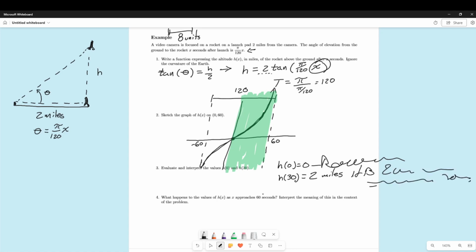But what about this asymptote? What's happening with this asymptote? Well, again, remember our variable, our x is time, but it's creating this angle. So if you were this camera person, at first this angle's going to increase pretty fast, but as this rocket gets higher and higher, notice your angle's never really going to get to 90 degrees.